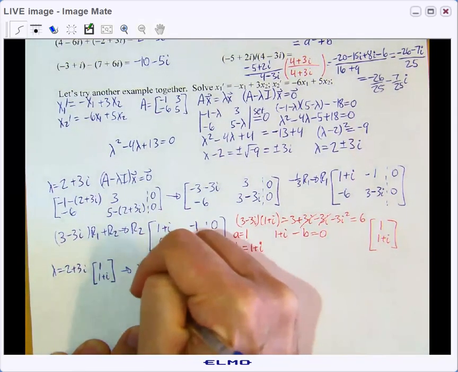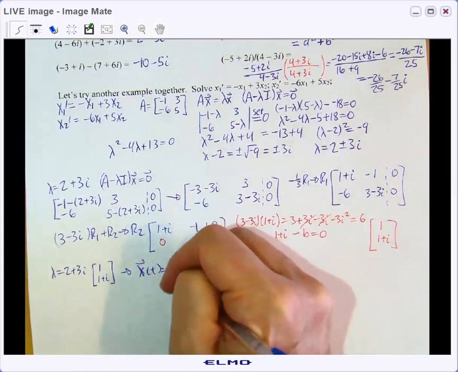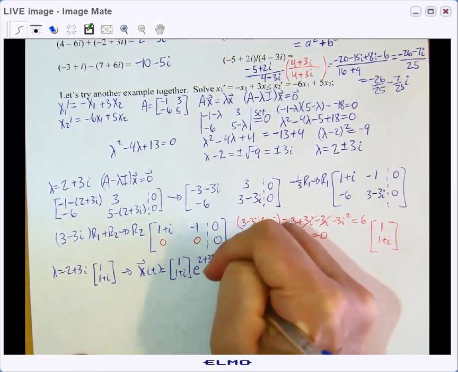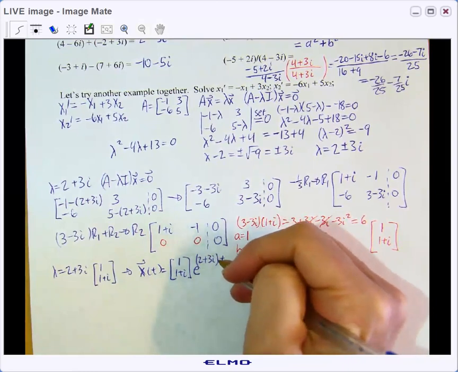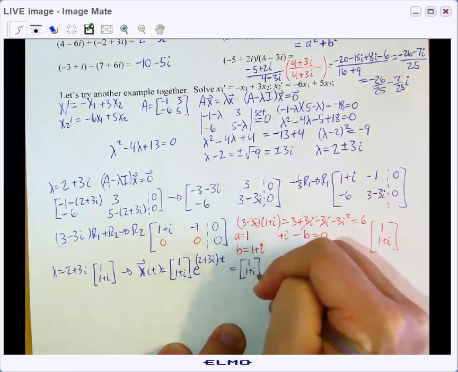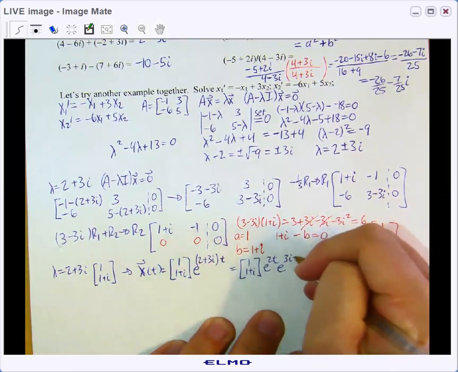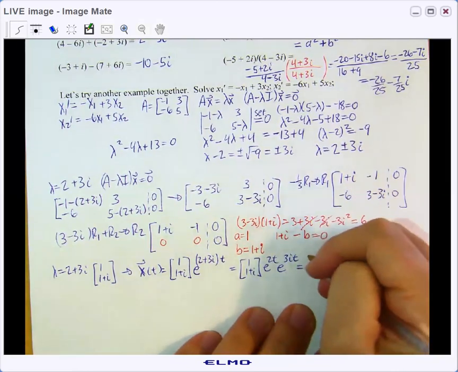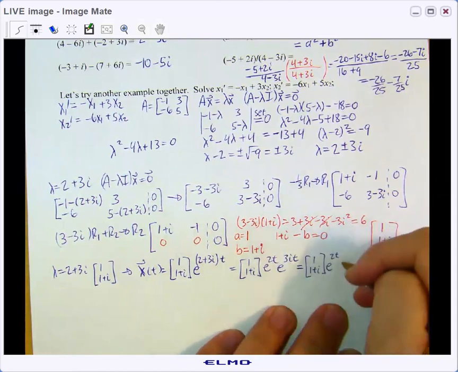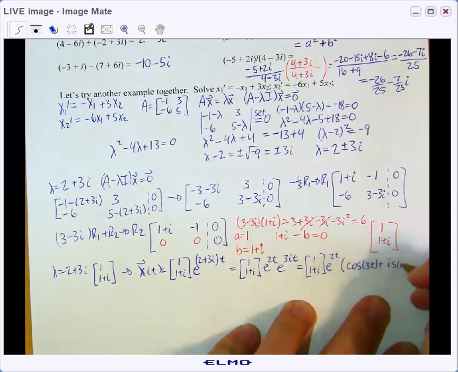Okay, so what we're going to have is this guy, so that's going to lead us to the solution. X vector of t is equal to, we're going to get our vector of 1 plus i times e to the (2 plus 3i)t, which if we do a little bit of work here, we're going to get (1 plus i) e to the 2t e to the 3it, okay, which we can then do as (1 plus i) times e to the 2t times, using Euler's identity, cosine of 3t plus i sine of 3t.